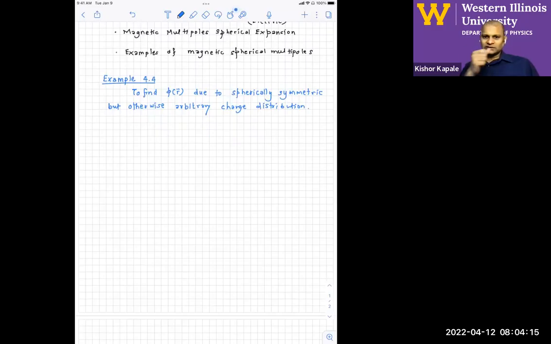Right, so it's not restricted to a certain size. It can be anywhere. So we're going to assume that it covers all space.